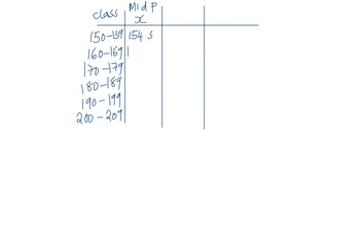The second one will be 164.5, then 174.5, 184.5, 194.5, and lastly 204.5. Then we can go to frequency, and our frequencies are 2, 8, 10, 12, 6, and 2.